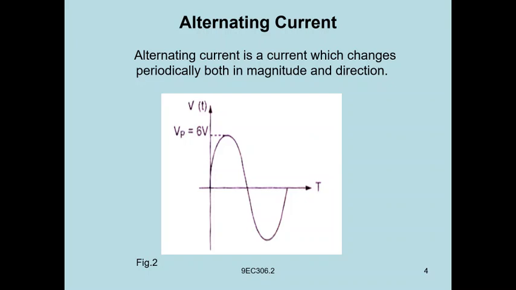The amplitude, the voltage is going on varying from 0 to peak value and from peak value to 0, and 0 to negative peak value and again it is coming to 0. In this way, the voltage is going on changing with respect to time, or current is going on changing with respect to time. This is called alternating current.